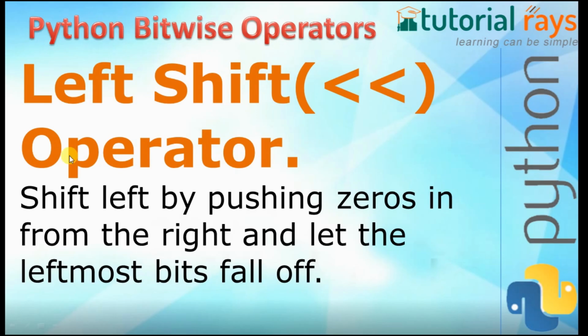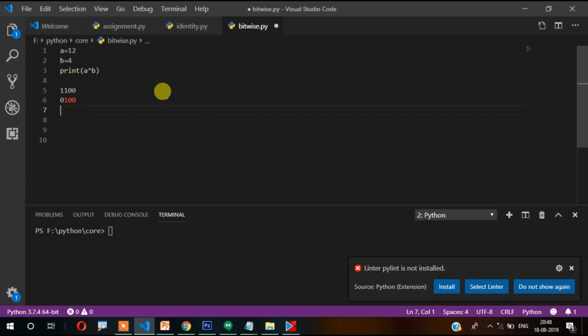Now the next one is the left shift operator. What happens in this: shift left by pushing 0 in from the right and let the leftmost bits fall off. I think unless you see a practical example, it is difficult to understand it. So let me show you how this will work. If I write here B, let it be 4.